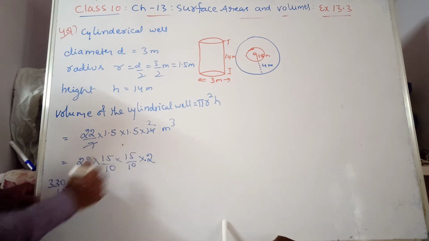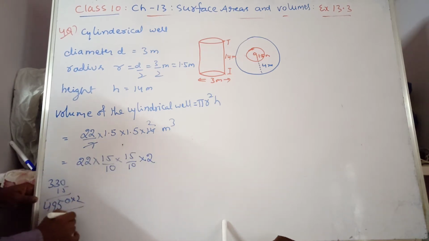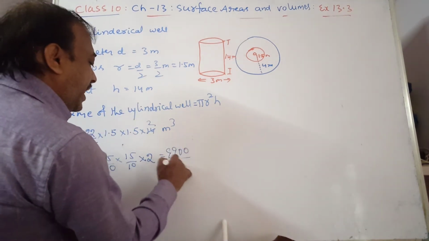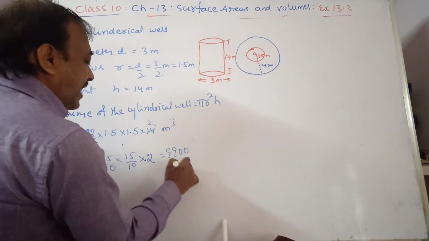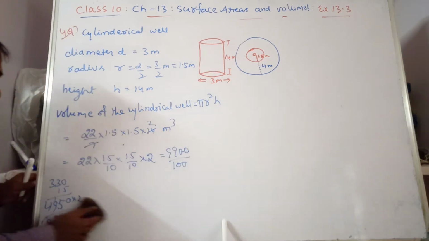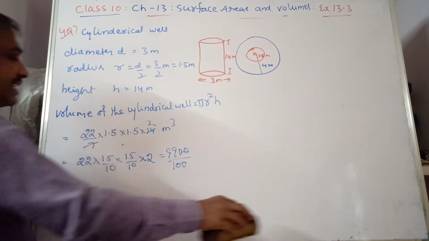Again we have 2. If you multiply with 2, 2 zeros are 0, 2 fives are 10, 2 nines are 18 plus 1, 19, 2 fours are 8 plus 1, 9, which will give you 9900 by 10 into 10, 100. So 2 zeros get cancelled, or you can simplify here also.